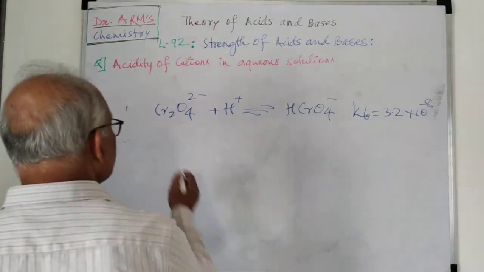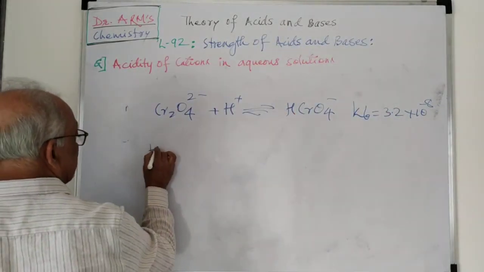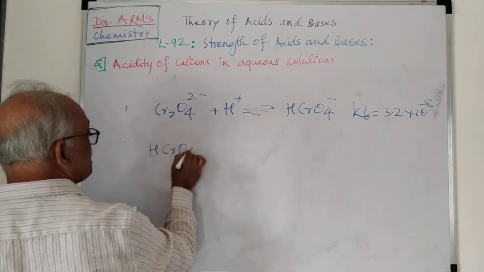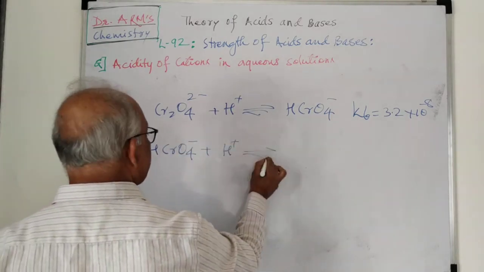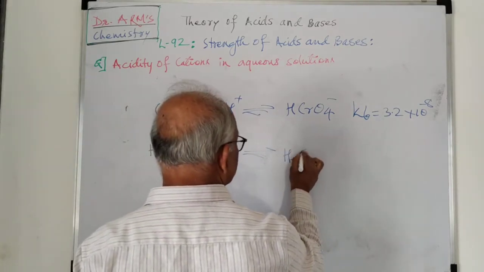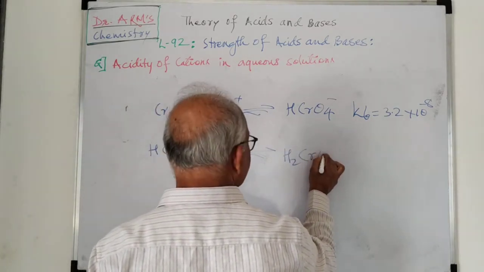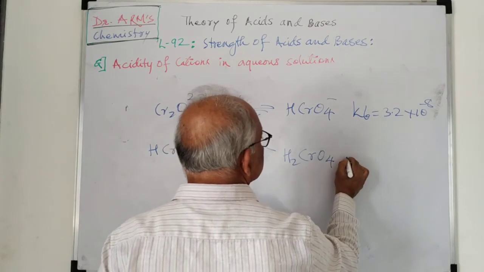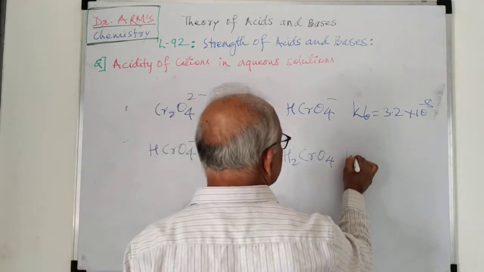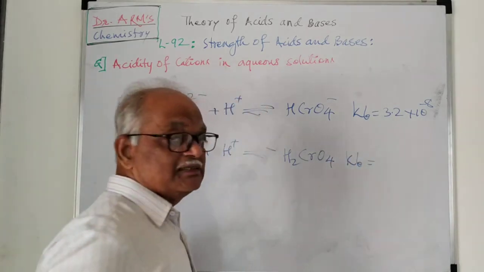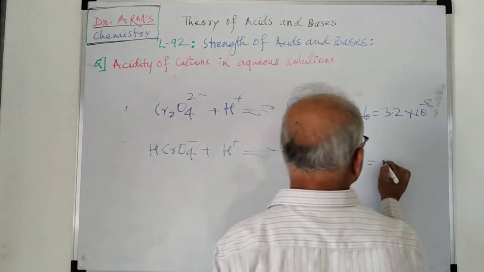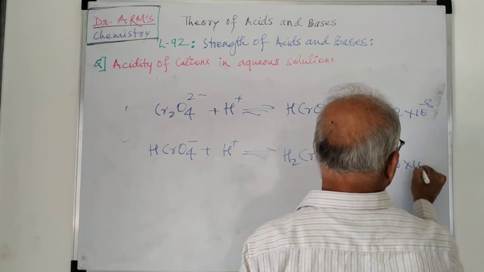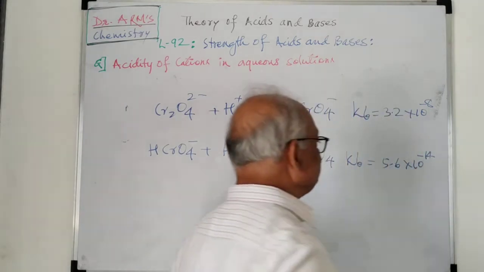And again, if we take HCrO4 minus plus H plus, it gives us H2CrO4, having a Kb which has a relatively lower value, 5.6 into 10 raised to minus 14.